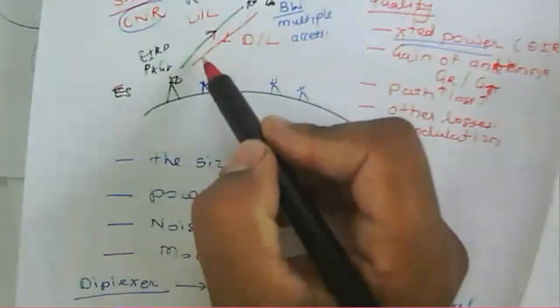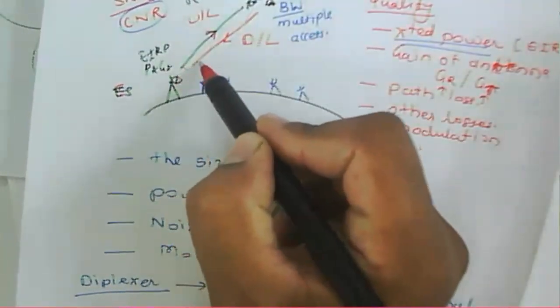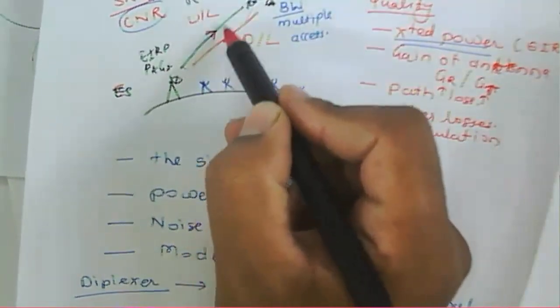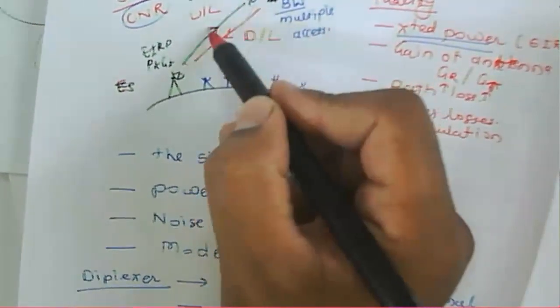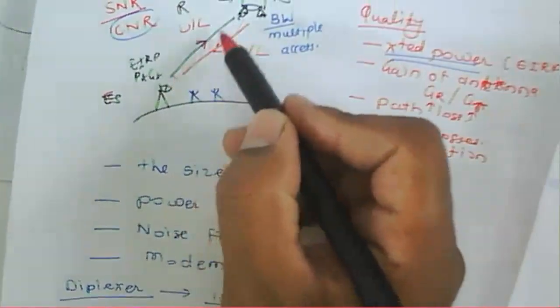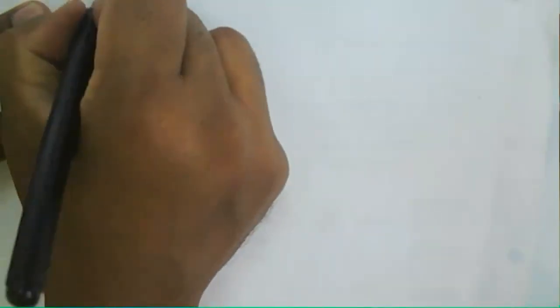Free space loss means what? PTGT here, and this 4 pi r by lambda is nothing but this free space loss in the particular given path from the earth station to the satellite here. So we can calculate a path loss, or a path loss factor.